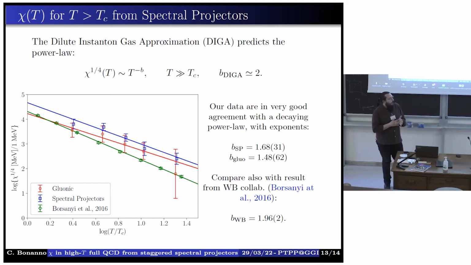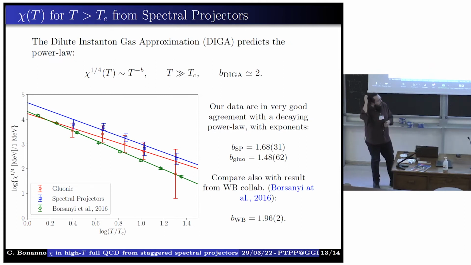From the dilute instanton gas approximation, also called DIGA, we expect chi to drop as a power law above the critical transition, with an exponent that, if we take the fourth root of chi, is expected to be around 2. And as you can see from our log-log plot, we observe a very good agreement with the decaying power law, and these are the exponents that we obtain, which within the errors are compatible with the DIGA result, although they are a little bit smaller.